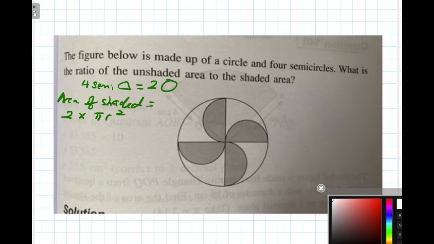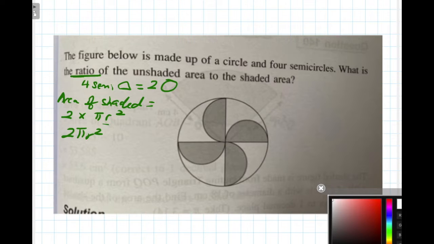It didn't say what the radius is. Okay, then never mind. Let us just put it as 1, because after that we are looking for the ratio, so it can actually cancel out. Or maybe I'll just leave it as r. Okay, so the area of the shaded will be 2 pi r squared.